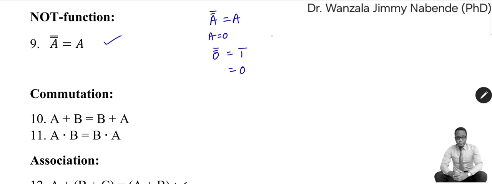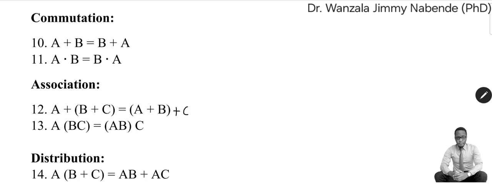And if A is equal to 1, then 1 complement of complement is equal to 0 complement, which is the same as 1. So the answer you get here is the same input you have there. That's why you are seeing the output is the same as the input.